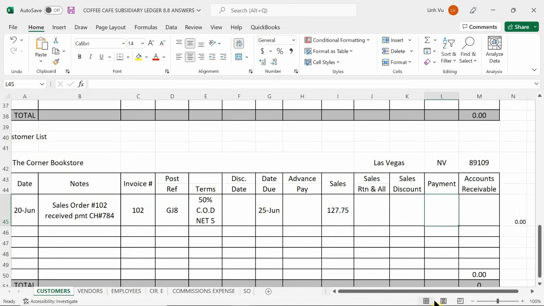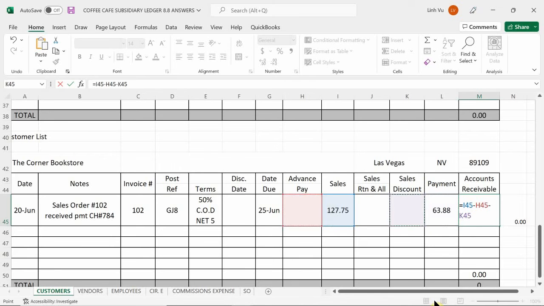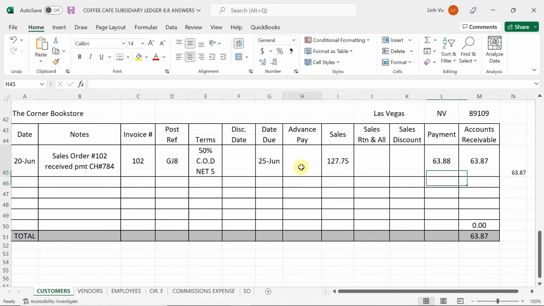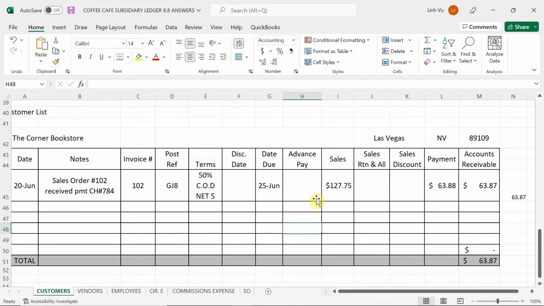And how much did they pay? 50%, which is 63.88. So if you punch in your formula, sales minus advance payment minus returns minus discounts minus payments, you should get 63.87, which is exactly the amount on your bill.